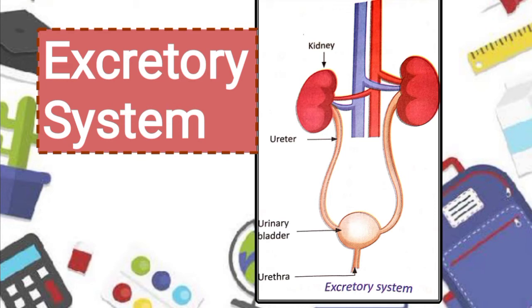And the urinary bladder stores the urine until it is released from the body. And the urethra is a tube that lets out the urine from the urinary bladder and removes waste from the body.